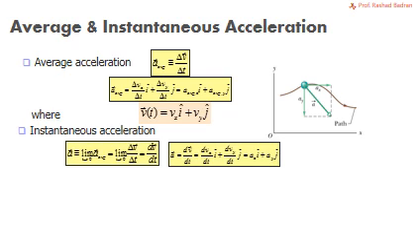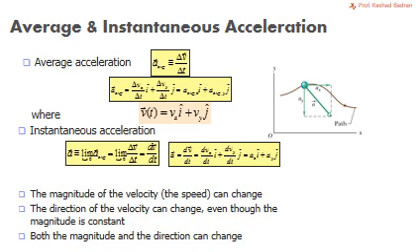So in this case, the acceleration vector at each instant of the path will have a magnitude and direction, and it might change from point to point.